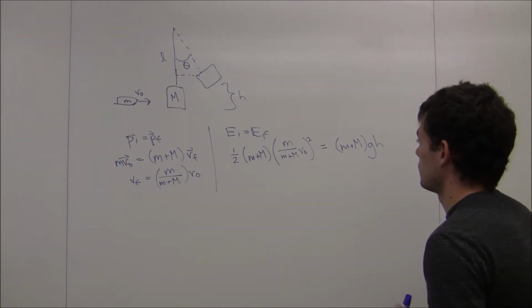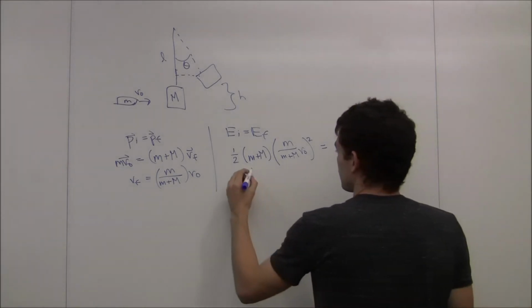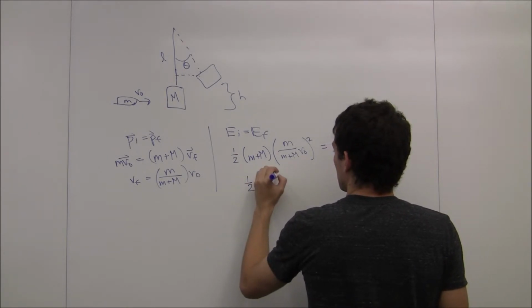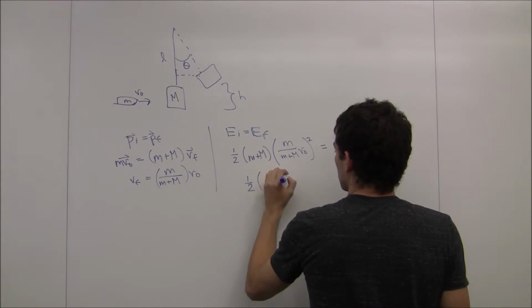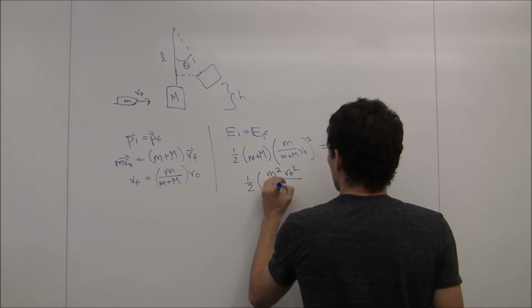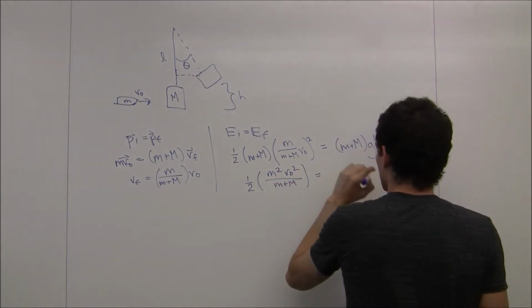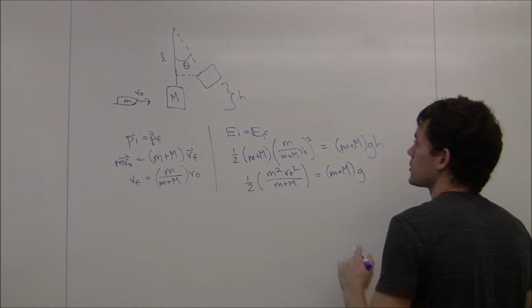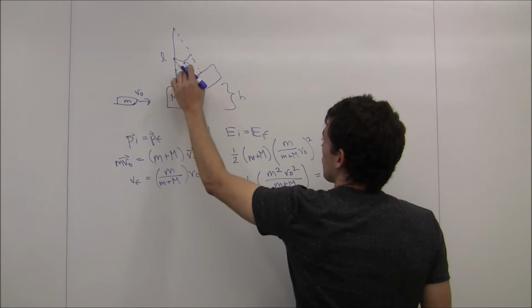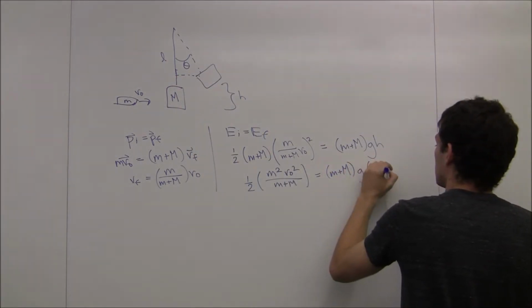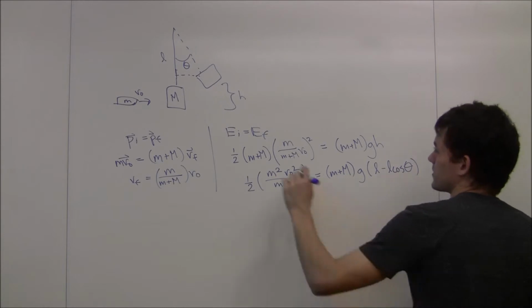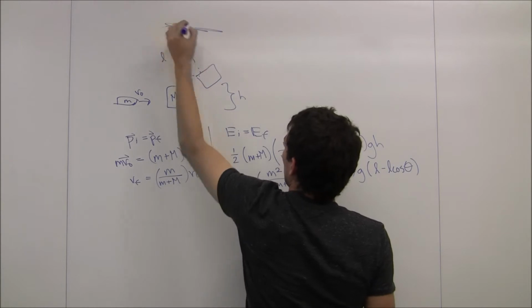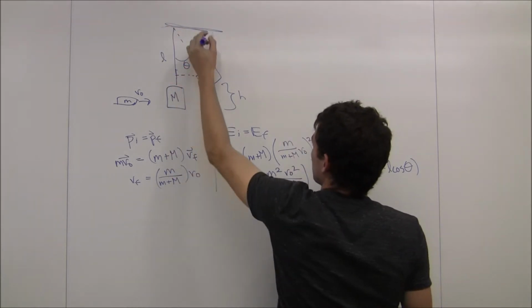So when we multiply all of this together, we get 1 over 2 times m squared v0 squared over (little m plus big M) is equal to (little m plus big M) times g, and then h is actually just going to be L minus L cosine theta, because it's the difference between this length beneath the pivot point up here and this height there.